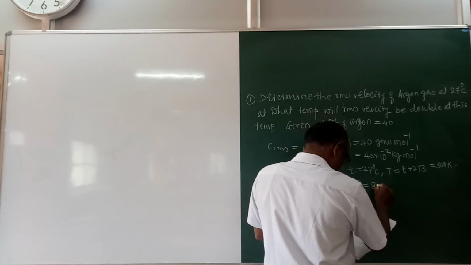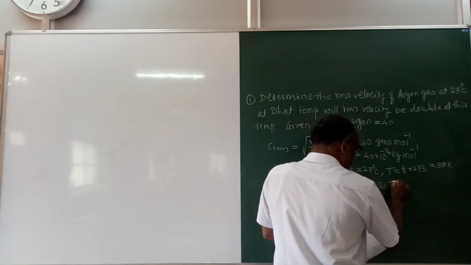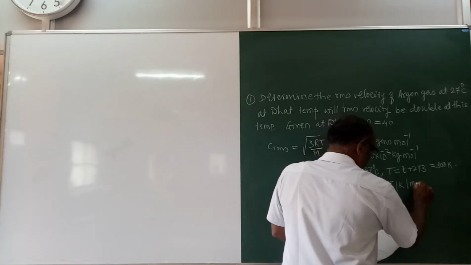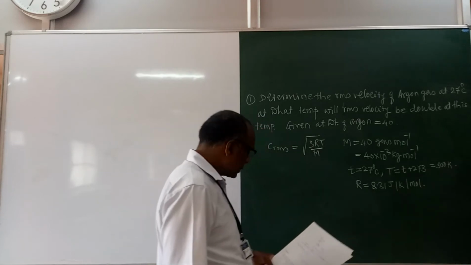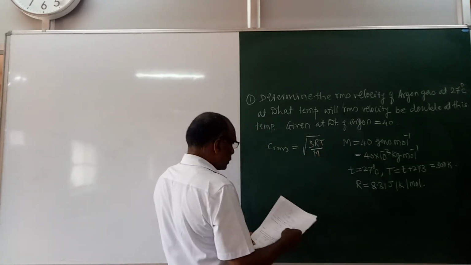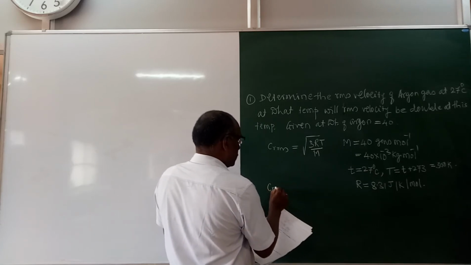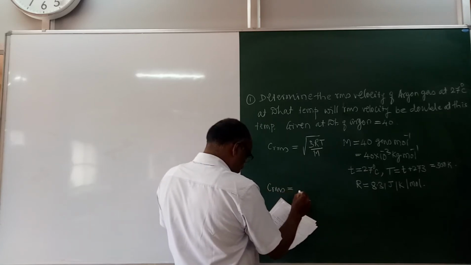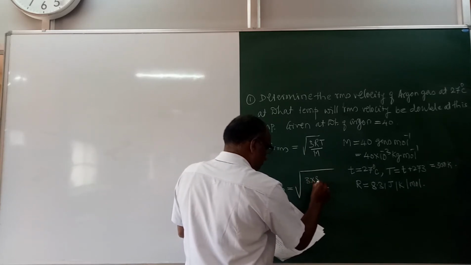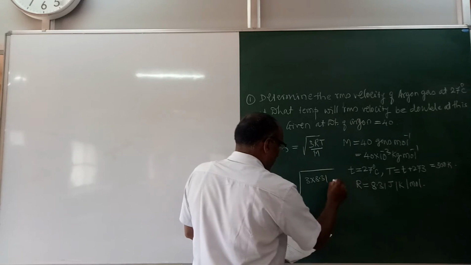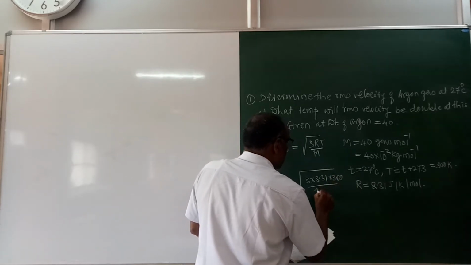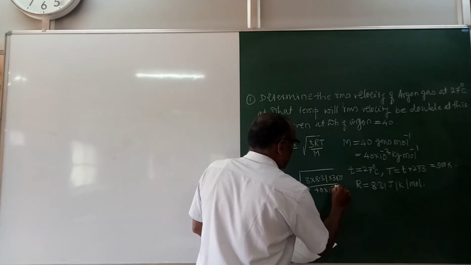R is equal to 8.31 Joule per Kelvin per mole. So let us substitute for R, T and M. So when you substitute in this CRMS, that is 3 into 8.31, that is R, into 300 divided by 40 into 10 raised to minus 3.